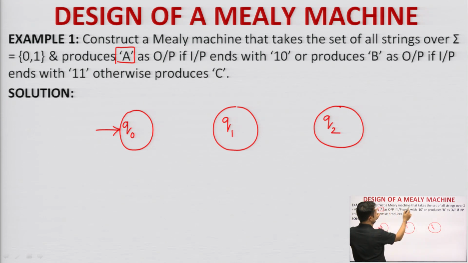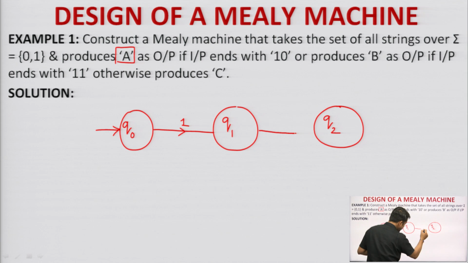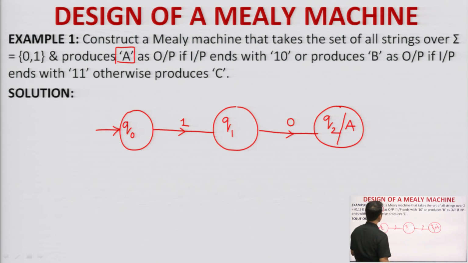Now, see, construct a Mealy machine that takes the set of strings over 0 and 1 and produces A as output if input ends with 10. If the input ends with 10, then the output will be produced as what? A. Clear? Now, I am not drawing a Mealy machine right now, I am drawing a Moore machine, because I will show you how to design a Mealy machine, it will be very easy for you.